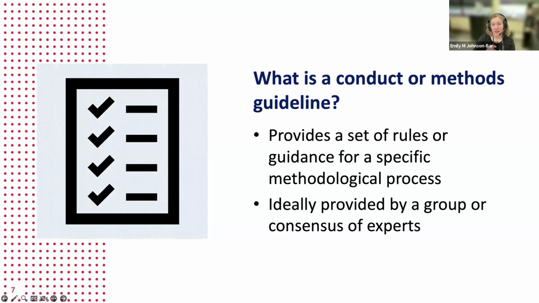So, as I said, a conduct or methods guideline provides a set of rules or guidance for a specific methodological process. Ideally, they would be provided by a group or consensus of experts to arrive at a process in which something should be done.